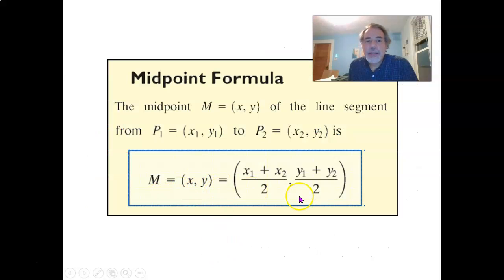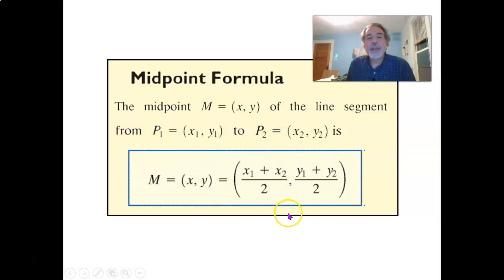So here is the midpoint formula. The midpoint is a point, which means it's got an x-coordinate and a y-coordinate. So what we're looking for is not just a number, but a pair of numbers giving coordinates of that midpoint. Here's how that's calculated. You've got your 2 points, x1, y1, and x2, y2.